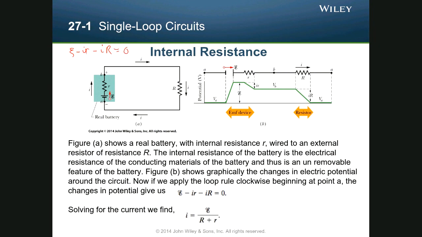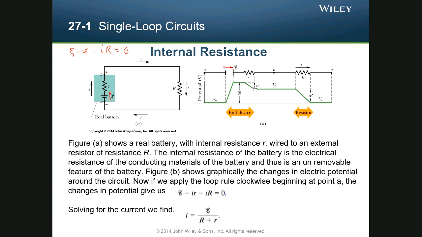Let's look at it here. At the potential, since we can pick any value and it'll go to 0, it's easiest just to pick 0. We get to the EMF device, we go up the hill. That's this part, and that's this contribution. And then we get to the internal resistor, and we get to it very quickly. It's in the direction of the current, so it will go down.